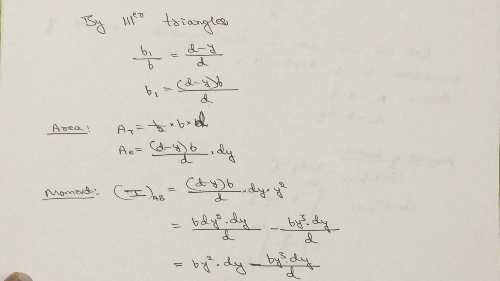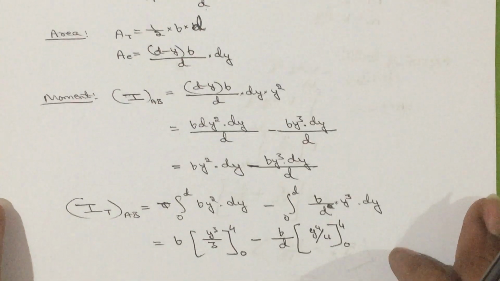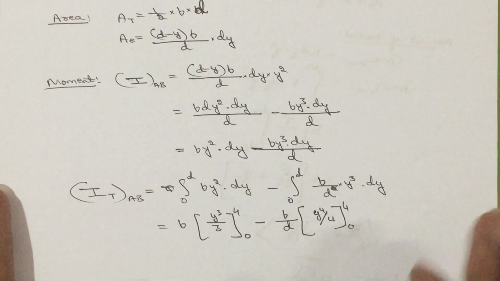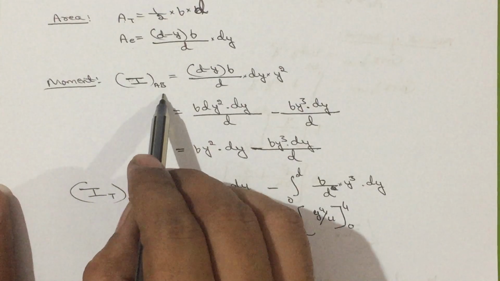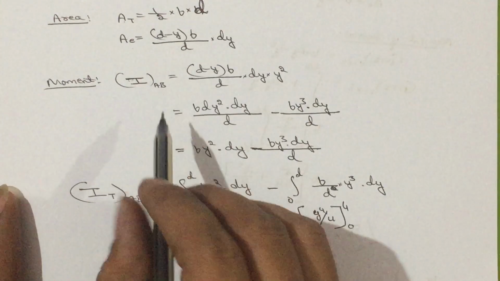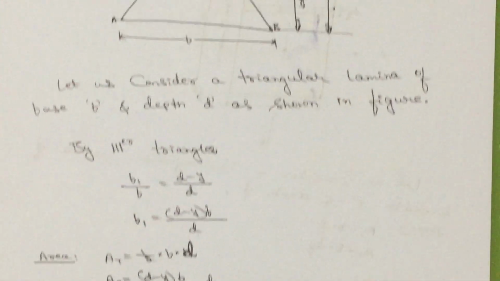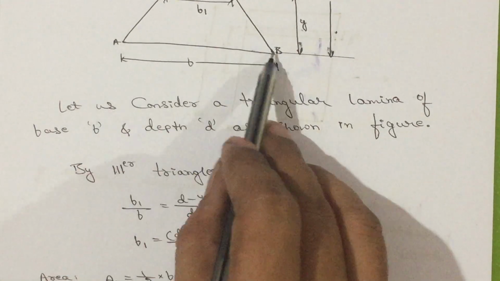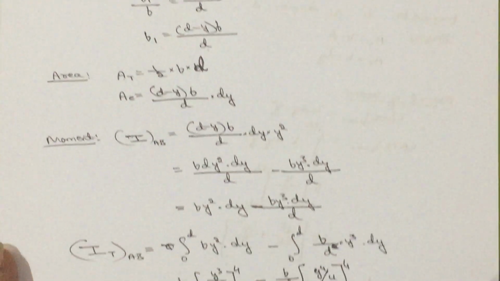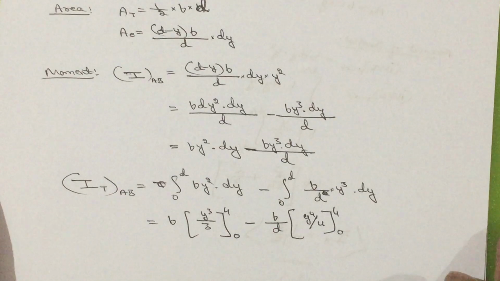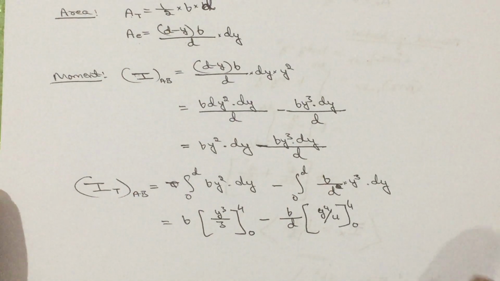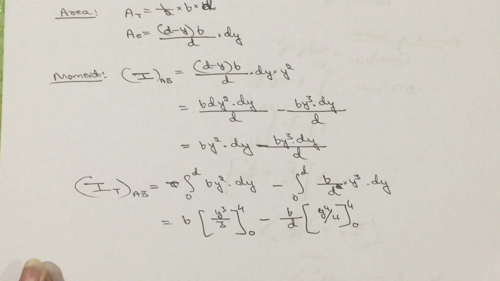Now, calculate the moment of inertia. Moment of inertia about the base AB, moment of inertia about the base of the triangle. We know that moment of inertia is nothing but area multiplied by distance square.